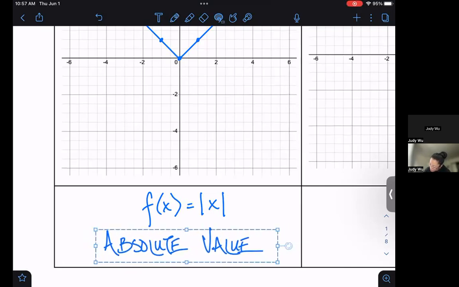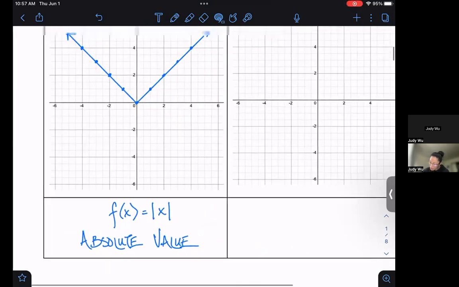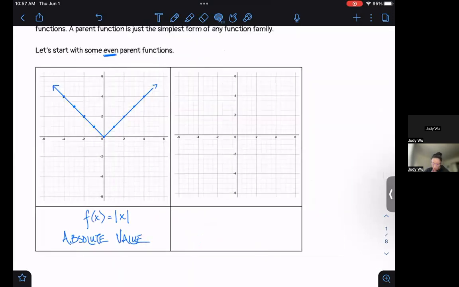Now, one thing to consider when we're looking at our absolute value functions, all right, is that if we were to take this right half and we were to fold it over the y-axis, we would end up right over here. In fact, it would match exactly with the other half, okay?